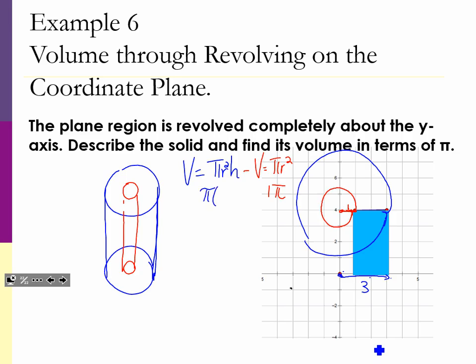So this would be pi times 3 squared. And then, oh, I forgot to put the height. The height is the height of our rectangle, which is 4. So the small one becomes 4 pi, and the large one is 3 squared times 4, which is 9 times 4 pi. So this is 36 pi minus 4 pi, which gives me 32 pi.